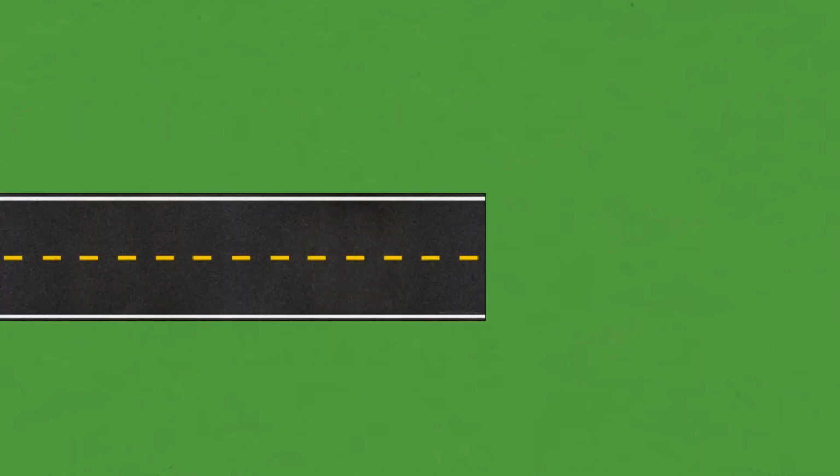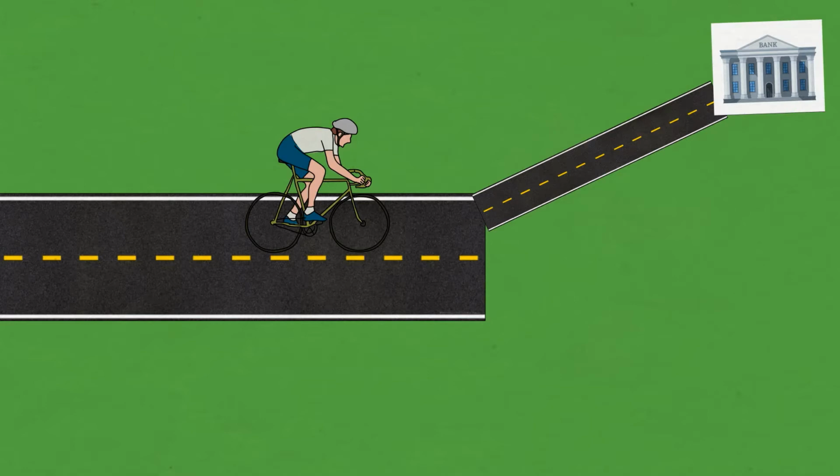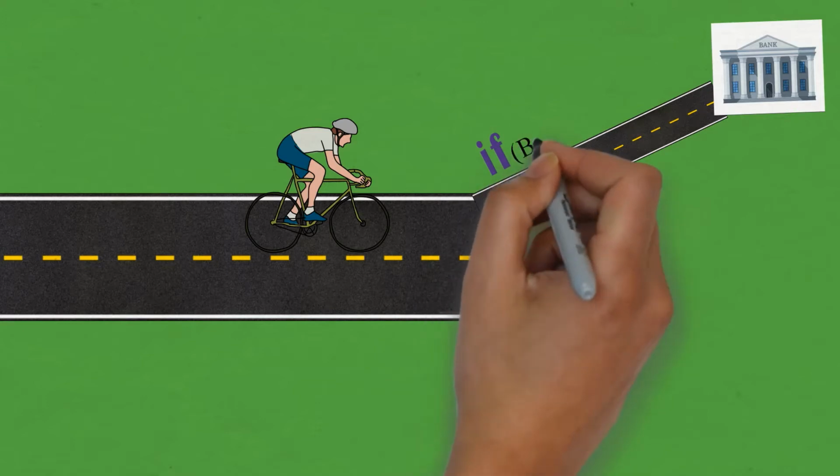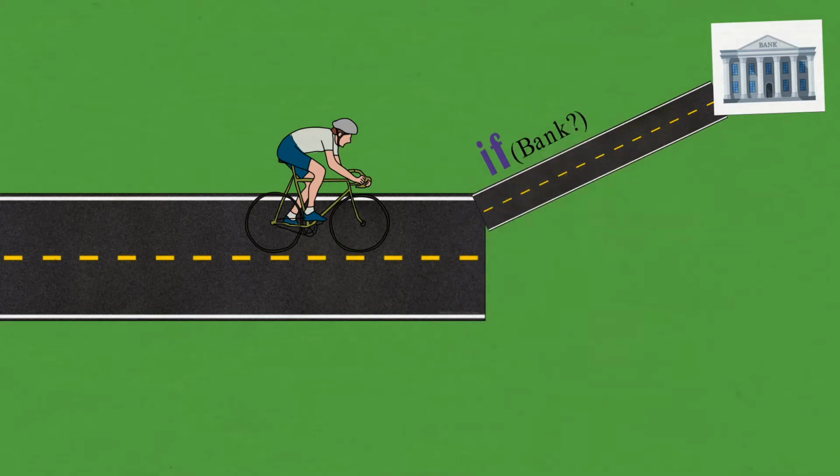So let us just continue with our earlier example of road and rider, where road is program and rider was Python. As we had seen earlier, one road was taking us to the bank, and for that we had already set the condition that if the rider has work in the bank, he will go there.